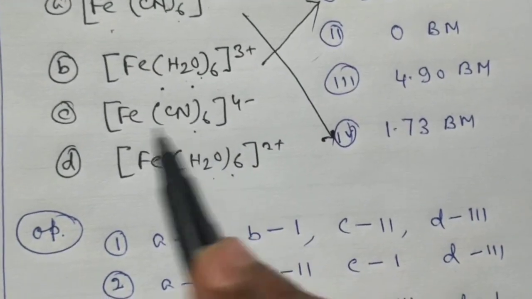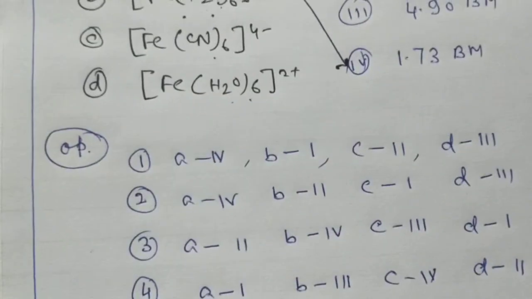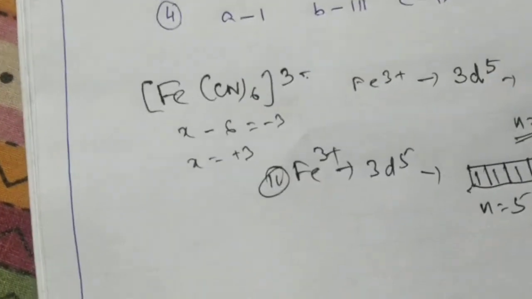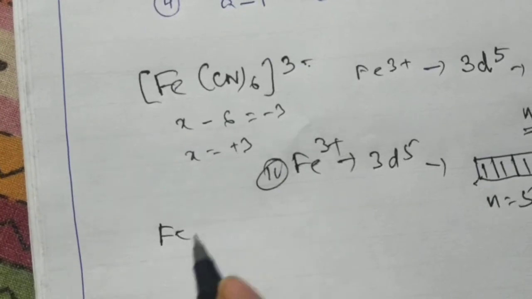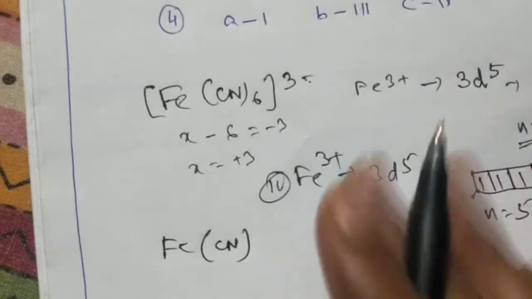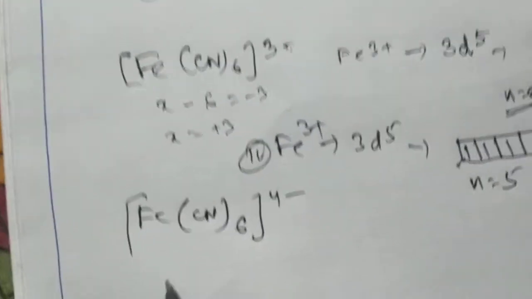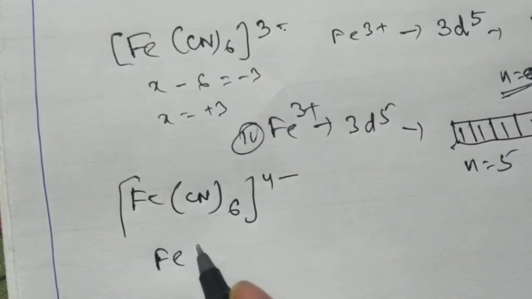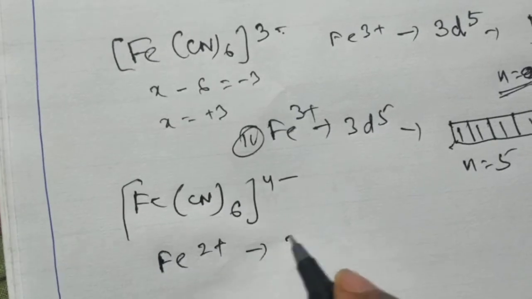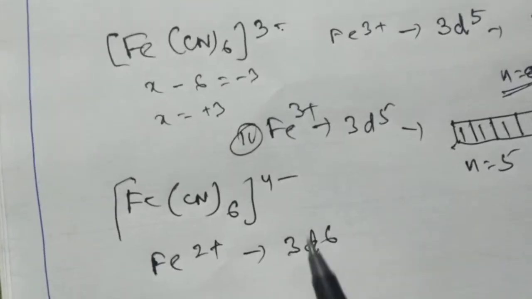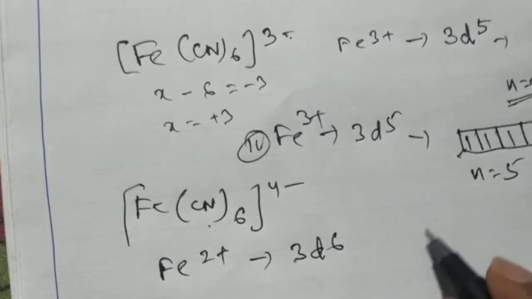Now in case of compound C, Fe(CN)6 4 minus. Here Fe has plus 2 oxidation state, a d6 complex, and CN is a strong field ligand.